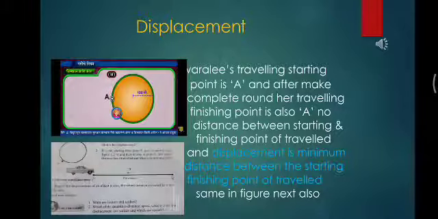That's why Swarali's displacement is 0. In the same way, in the second figure, the car's traveling starting point is P, it goes to Q, and again the car returns to point P. So the car's starting point is P and the finishing point is also P. That's why there is no distance between the starting point and the finishing point, and so the car's displacement is 0. So displacement is the minimum distance between the starting and finishing point of the travel.